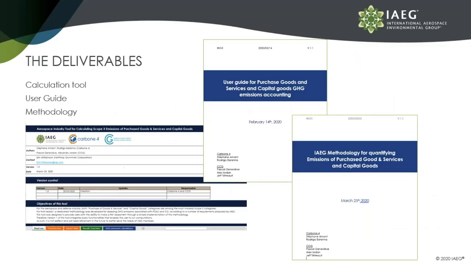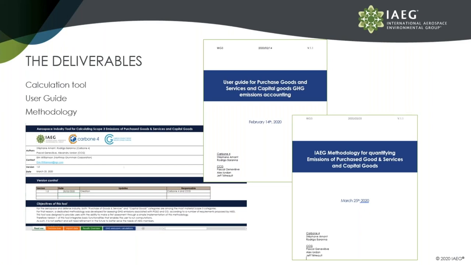So the deliverables that we're going to talk about today and that are available to you are really three things. It's the calculation tool, which is an Excel spreadsheet that has a tremendous amount of utility, and we'll get a demonstration of that in a bit. There's a user guide, which, like any tool, is essential in understanding how to operate the tool. The tool, I've got to be honest, is quite simple in its operation in my experience.